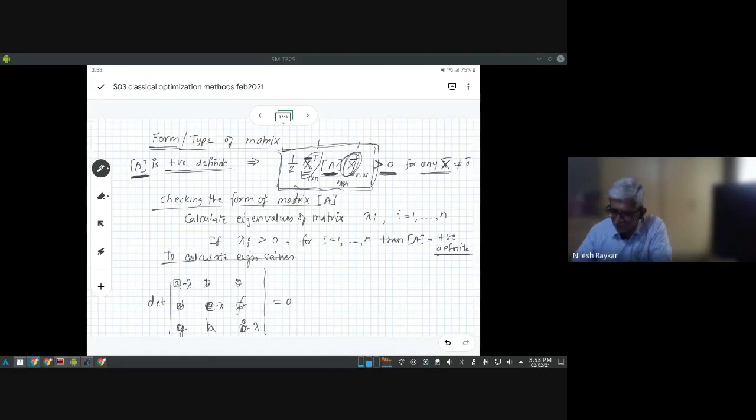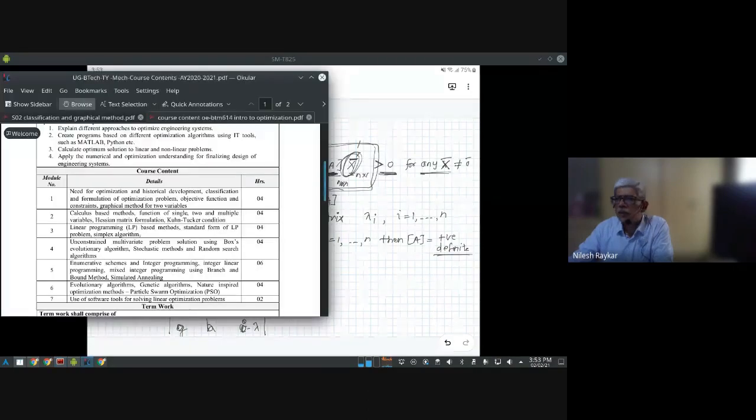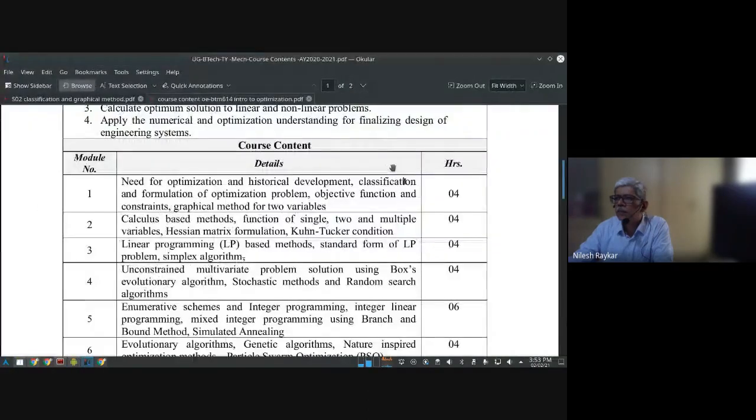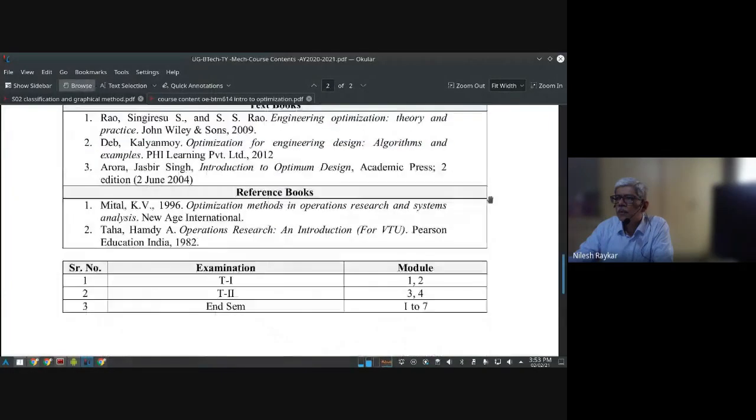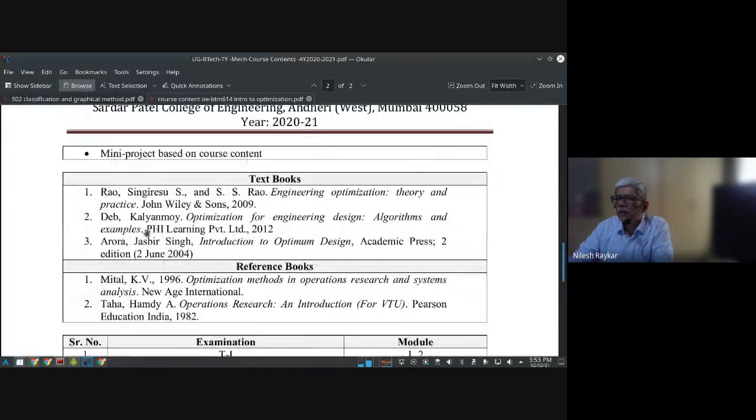The books which I'm referring, did I tell the name of the books? I don't think so. There are 3 books which I'll be referring. Partly I'll be using SS Rao.